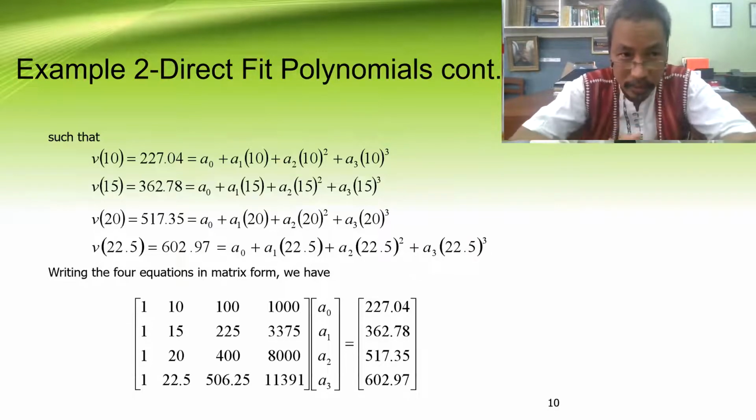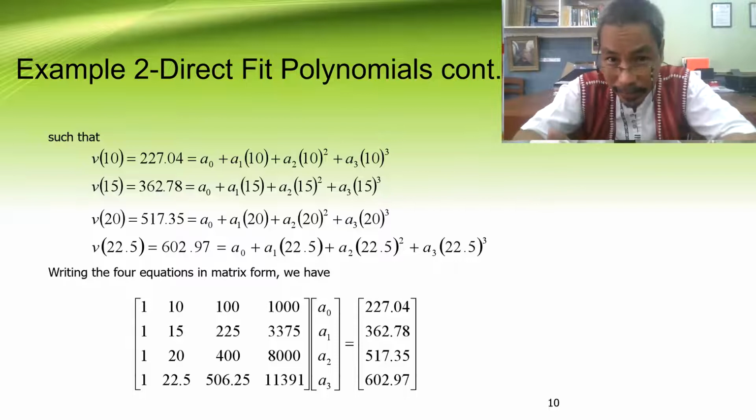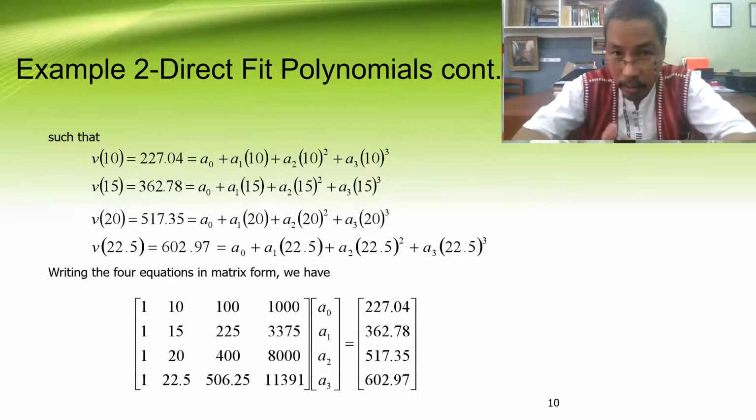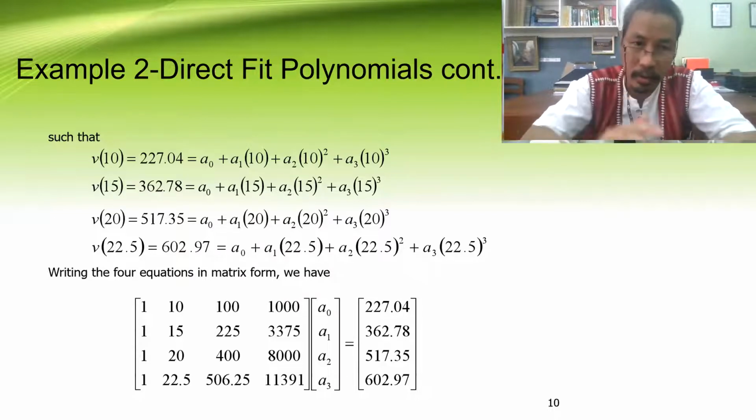Take a look, for example, at velocity at 10. The value 227.04 is equal to A0 plus A1 times 10, because x is 10, that's why we substitute 10, plus A2 times x squared, that is 10 squared, plus A3 x cubed, that is 10 cubed. Do that for all of the 4 points.